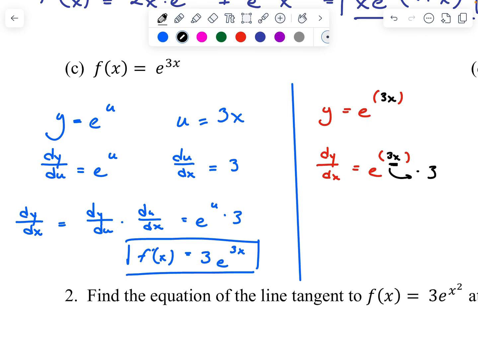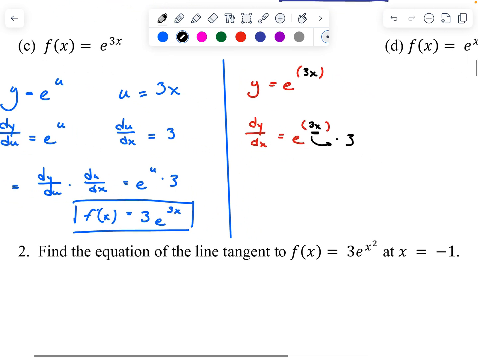So I think it messes with people because it's not an inside function the way we're used to. But this is the same rule as the chain rule, right? If you take the derivative of x to the power 4, you get 4x to the power 3. And you know now that the derivative of e to the x is e to the x.